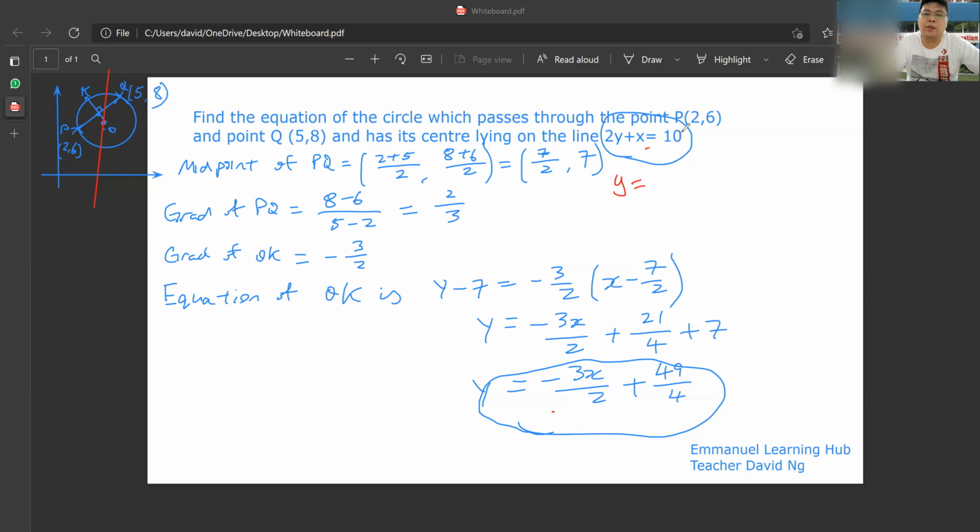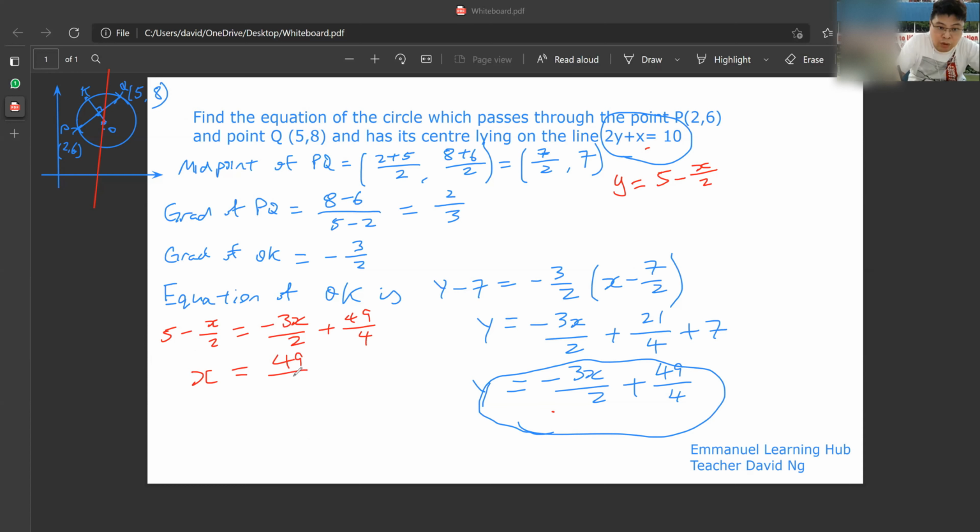2y equals 10 minus x. So 5 minus x over 2 is equal to minus 3x over 2 plus 49 over 4. Solve for your x. This one, bring over here. 3x minus x will be 2x, and 2x over 2 will be x.